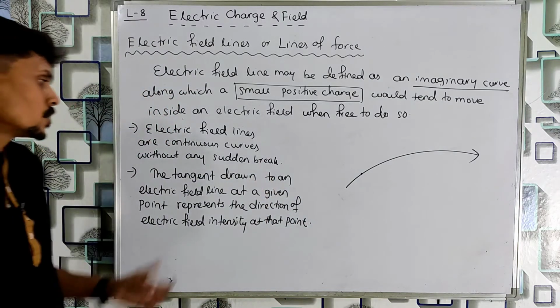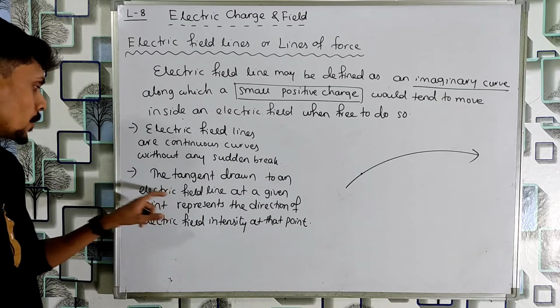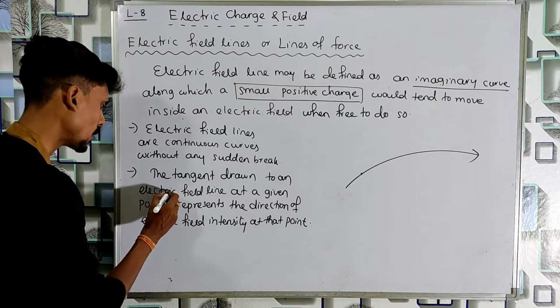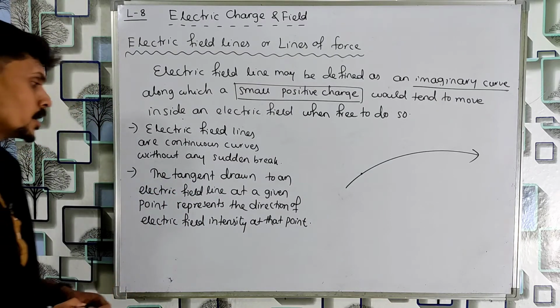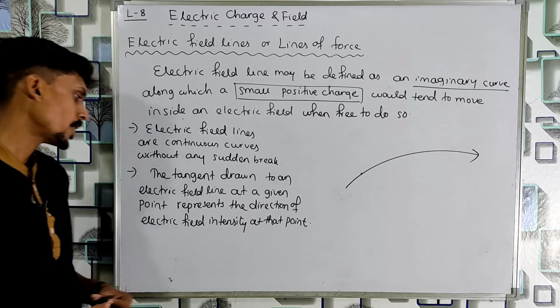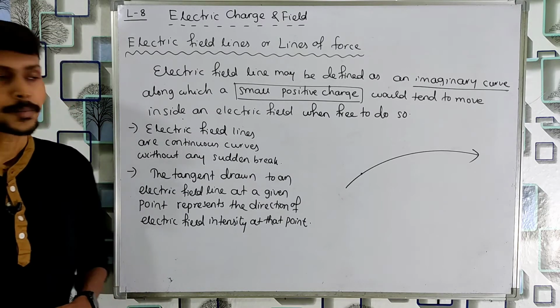The tangent drawn to an electric field line at a given point represents the direction of electric field intensity at that point.